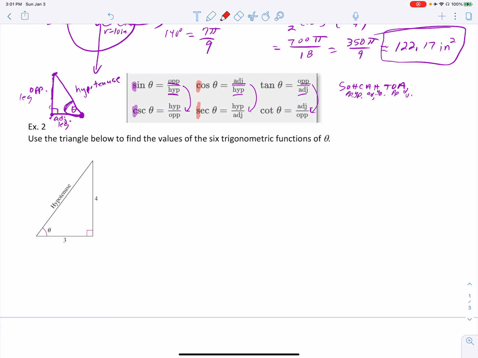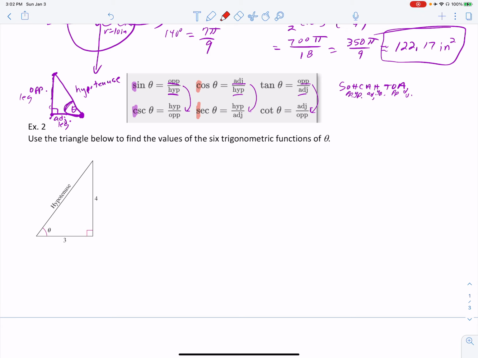So if that can help you a little bit, that would be great, because you need to know sine is opposite over hypotenuse, cosine is adjacent over hypotenuse, tangent's opposite over adjacent, and you need to know that cosecant is the reciprocal of sine, secant is the reciprocal of cosine, and cotangent is the reciprocal of tangent. Those are ones that you just need to know.